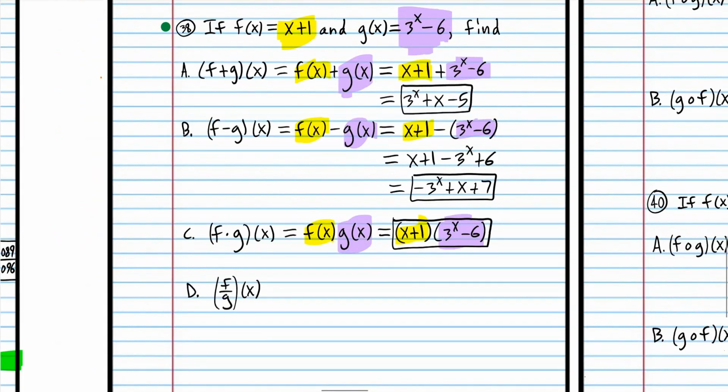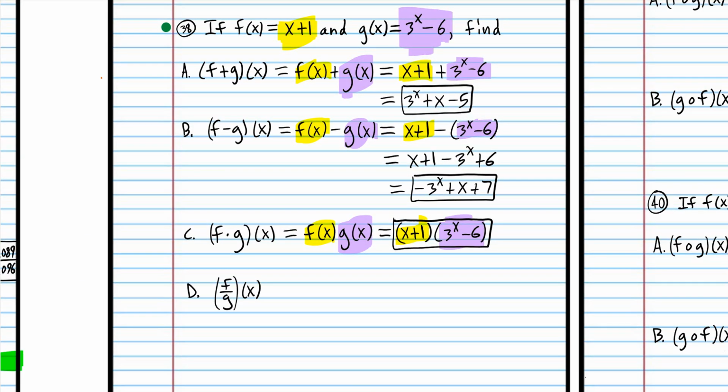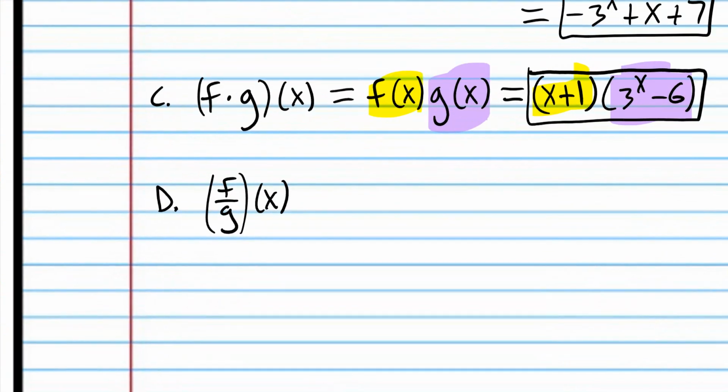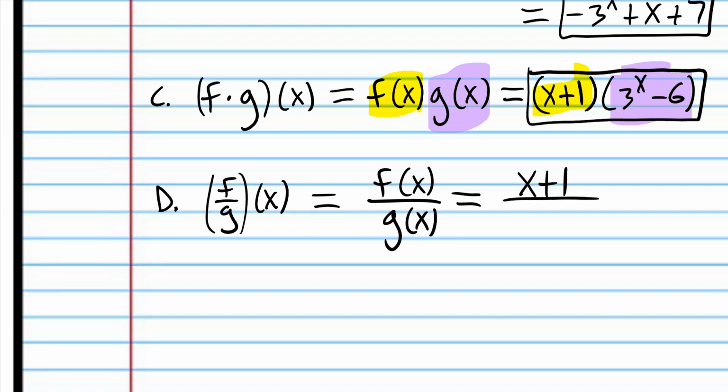Okay, so try part D. When you come back, we'll do it together. Alright, we're back. So f over g of x is obviously f of x divided by g of x, which is x plus 1 over 3 to the x minus 6.